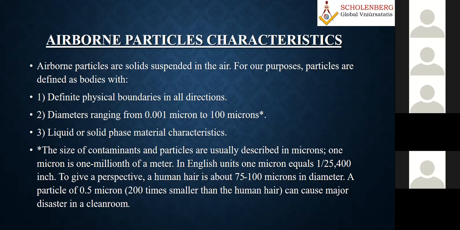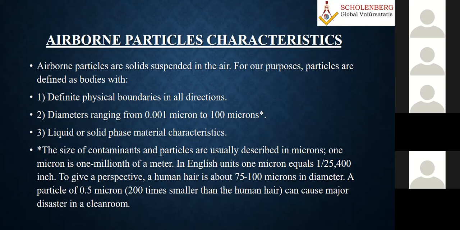The size of contaminants and particles is usually described in microns. It's very fundamental, but for comparison, those who are new should understand that a human hair is about 75 to 100 microns in diameter. Just imagine a particle of 0.5 micron, almost 200 times smaller than a human hair. It can cause a major disaster in a clean room.